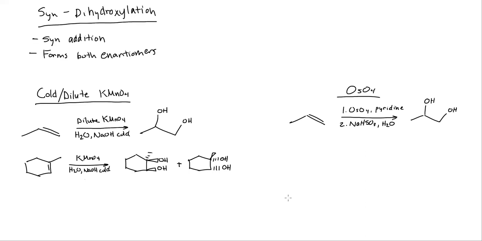The only difference is that osmium tetroxide has a better yield than the cold potassium permanganate, but osmium tetroxide is also very toxic and it's carcinogenic. So you have to weigh that risk whenever you're doing this reaction. Okay. So whether you want to get a better yield and risk the possibility of something bad happening, or if you just want to get a worse yield and play it safe.